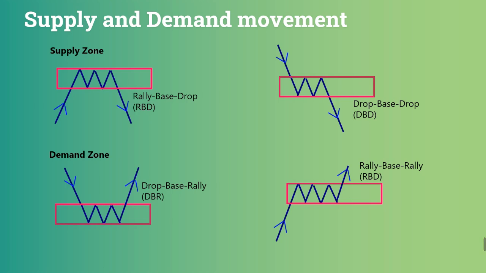But I'm going to leave you with one very important motto, or a very simple sentence. It always reminds me, whenever I have a setup, of what I should be doing. It's very simple: always sell at supply zone and buy at demand zone.